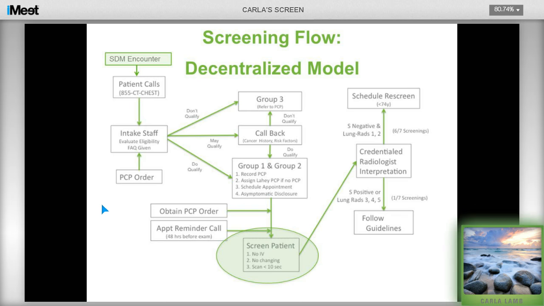Now, when we refer to S negative and S positive, this refers to any incidental finding that's not related to lung cancer or lung nodule. It could be anything from a thyroid abnormality to a kidney or liver abnormality to a vascular anomaly.